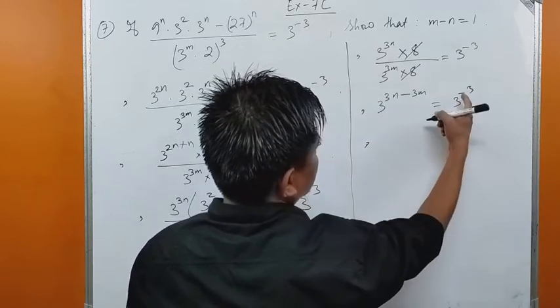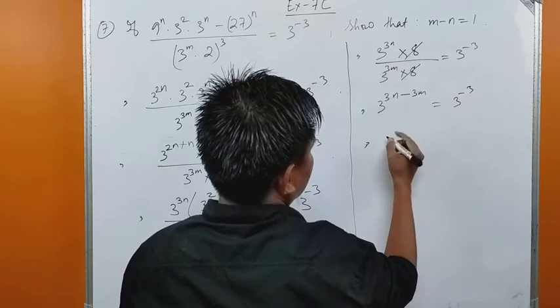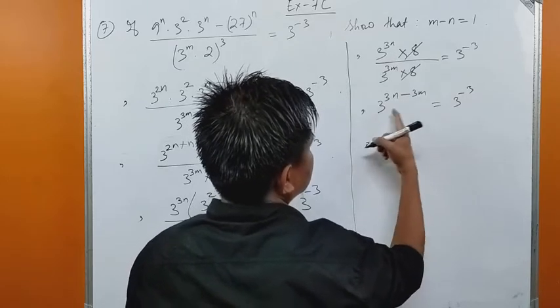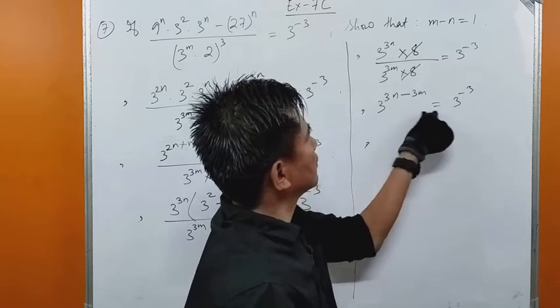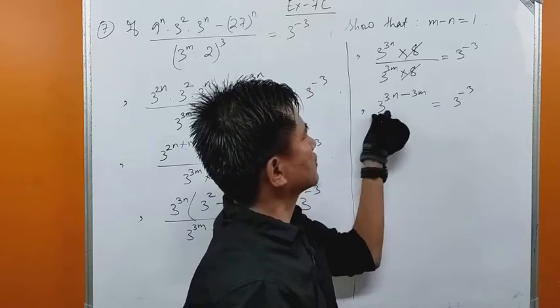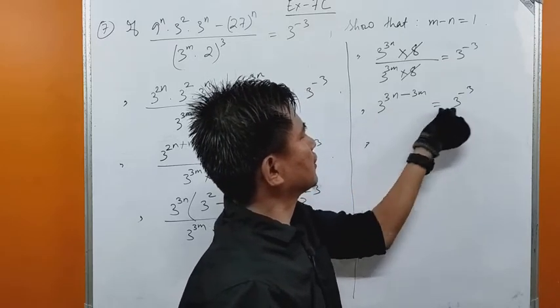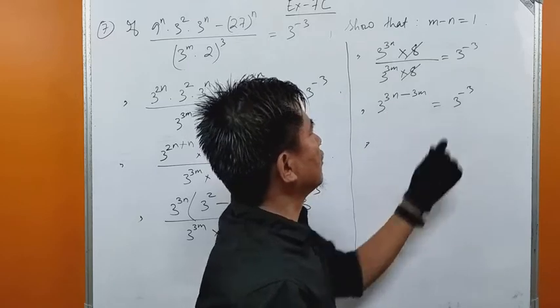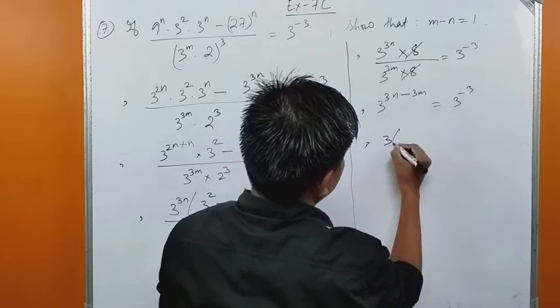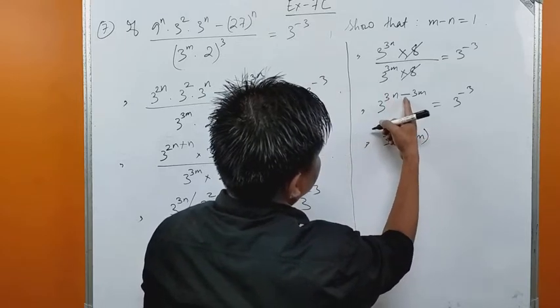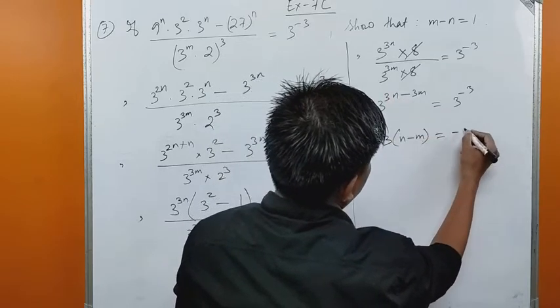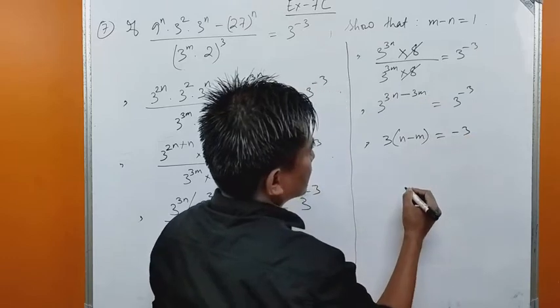Since the bases are the same, the powers will be equal. So 3n minus 3m equals minus 3, isn't it?